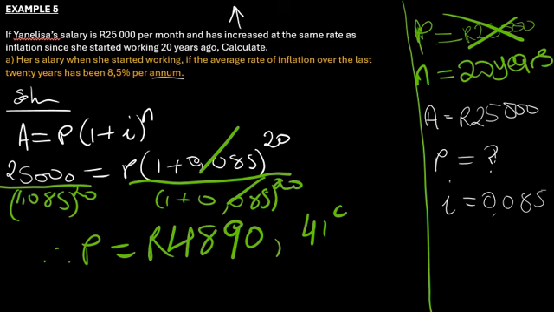If it simply increases using the simple interest, then we have already calculated that. If it increases using this compound formula, then it means she used to get this amount of money. Thank you very much. I hope this video helps. Let's go to example 6.